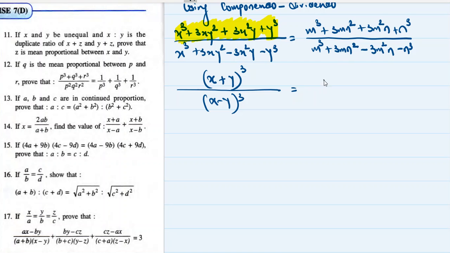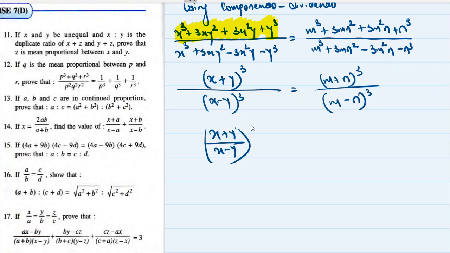Similarly over here, m plus n the whole cube upon m minus n the whole cube, because we see the same pattern of sign everywhere and the terms are also the same. And this can be written as x plus y upon x minus y the whole cube is equal to m plus n upon m minus n the whole cube.